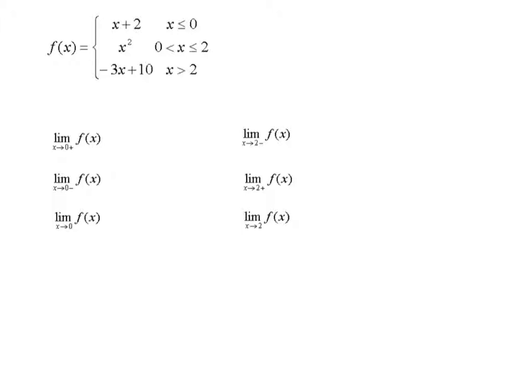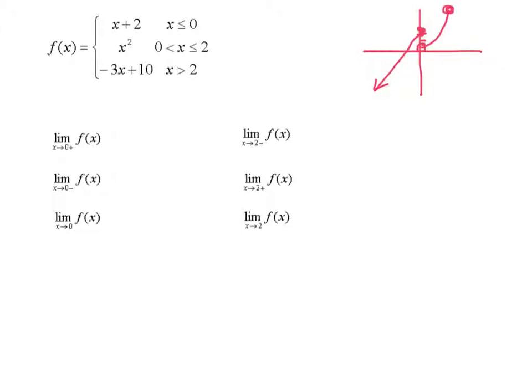Now, in a situation like this where you're given the equation but not the graph, you could certainly draw the graph. You could say, well, it's x plus 2, so it looks like that with a closed circle there. It's x squared, so open circle and closed circle here.